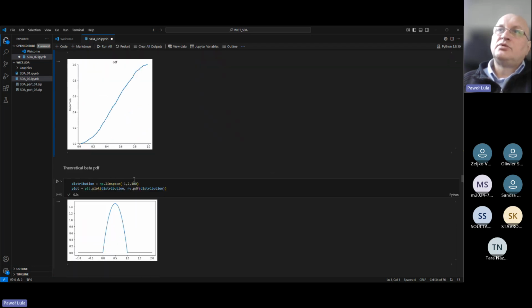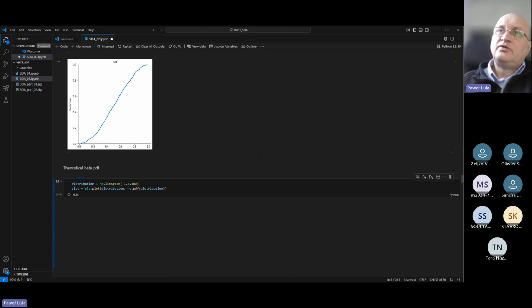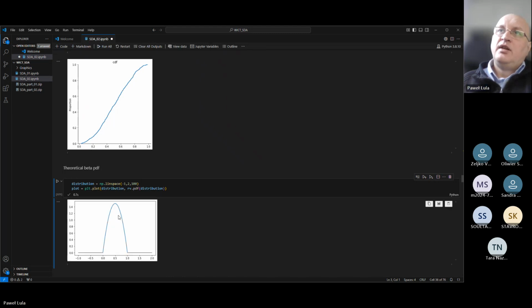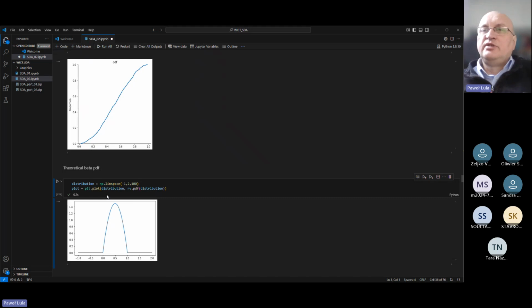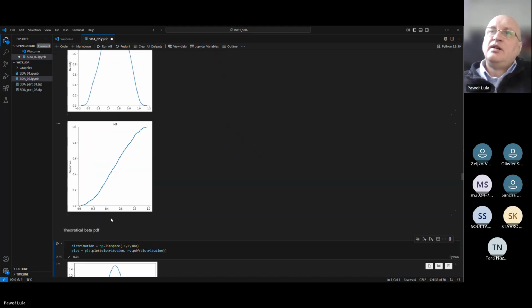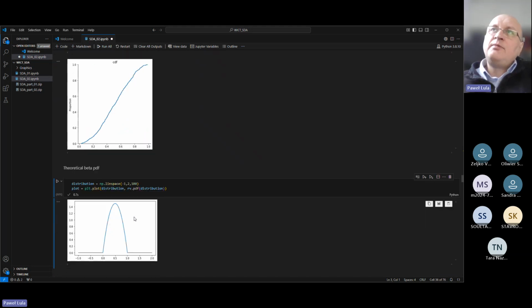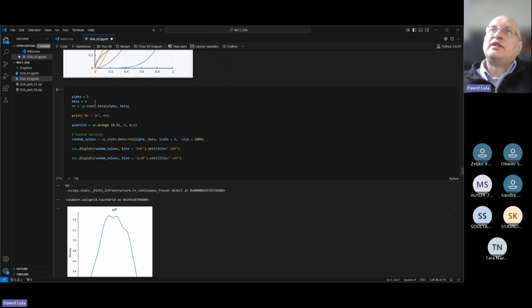When I want to calculate and plot the theoretical probability density function, I can use this program, and we see the shape here. It is the shape for the same set of data.